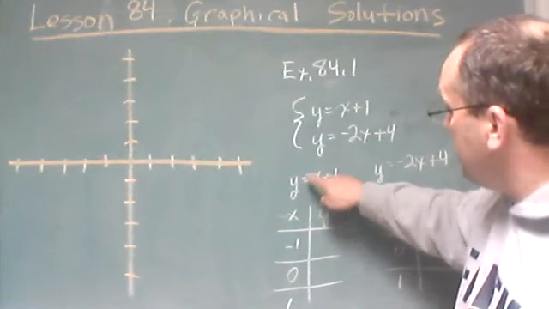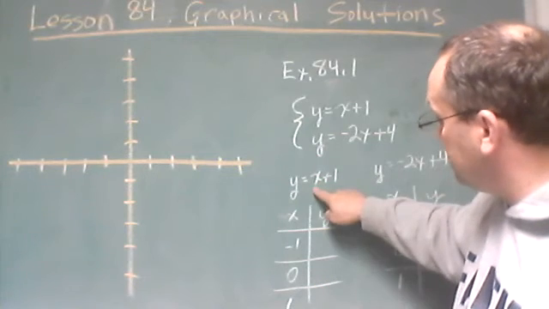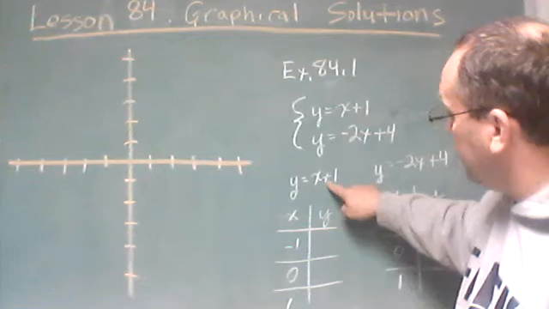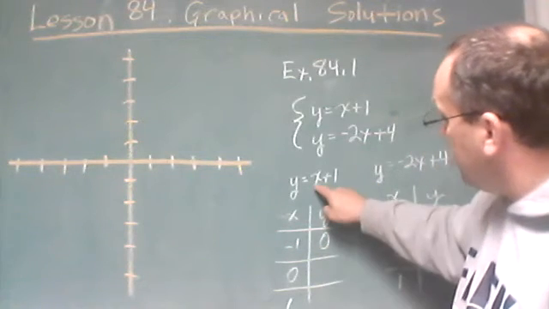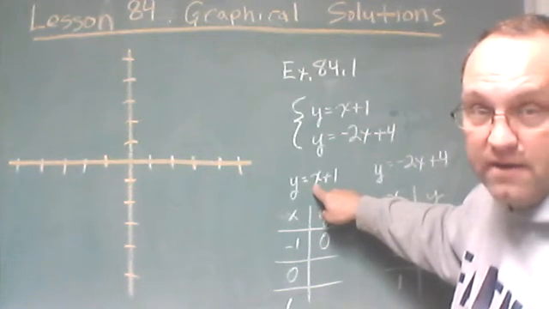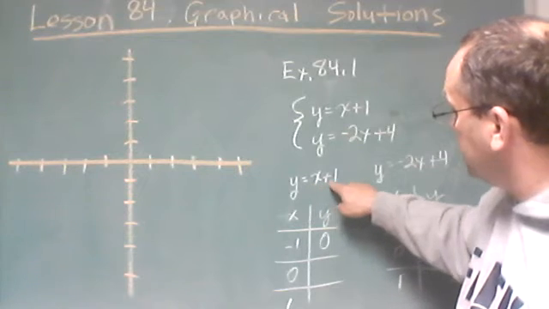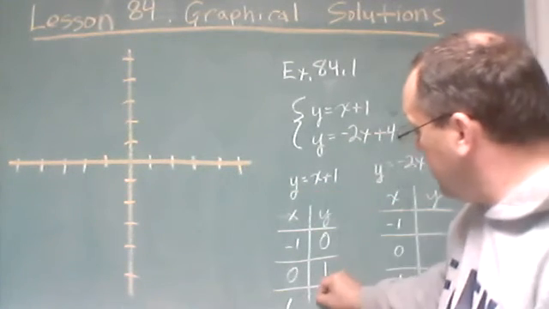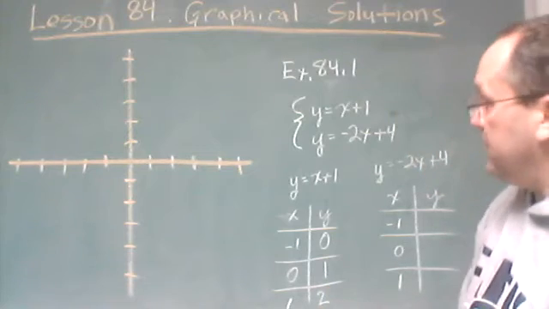So let's plug these numbers of x into this equation. When we plug a -1, we get -1 plus 1, y becomes 0. Okay, when we plug a 0 in for x, 0 plus 1 equals 1. And then when we plug a 1 in there, we get a 2. Okay, so let's go ahead and plot those.